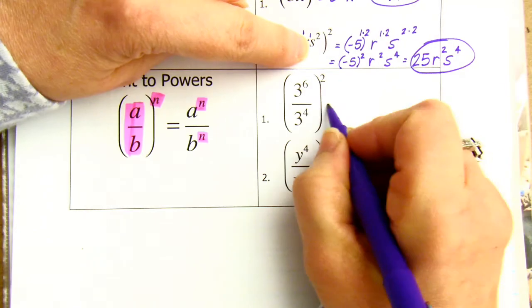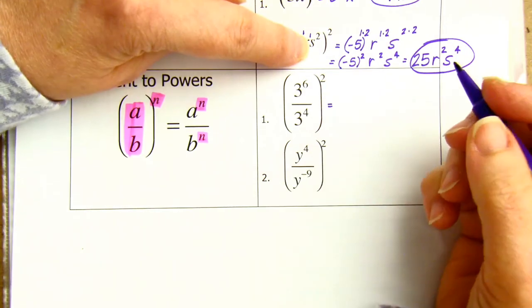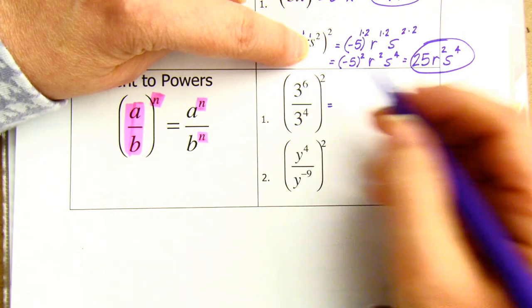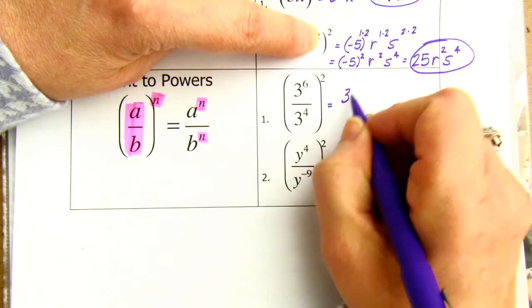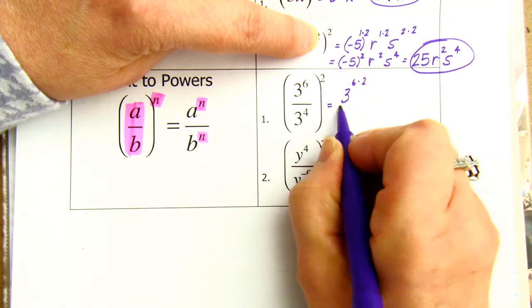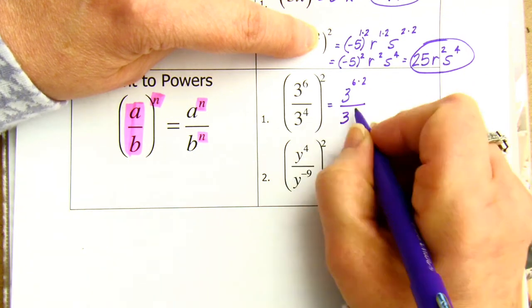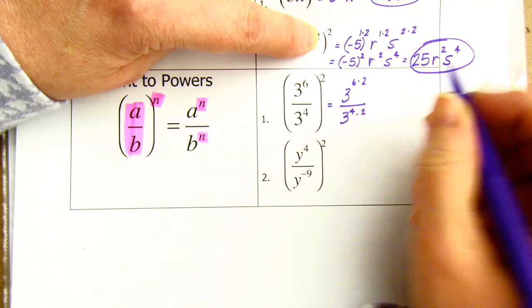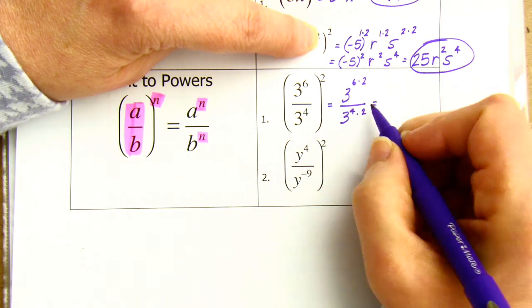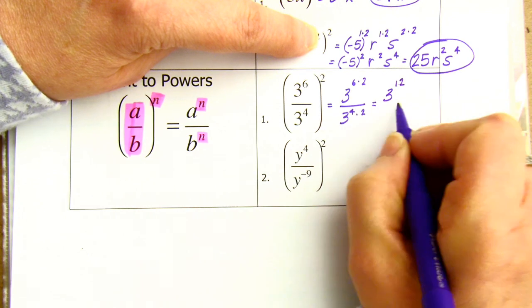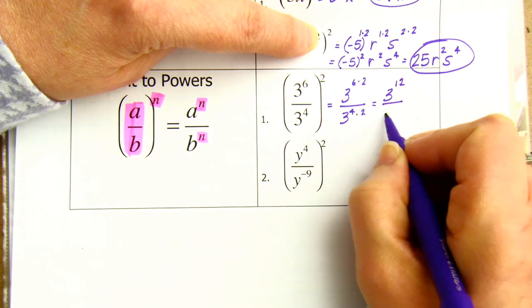All right, so knowing that property, this becomes 3 to the 6 times 2 power divided by 3 to the 4 times 2 power. 3 to the 6 times 2 is 3 to the 12th. This is 3 to the 8th.